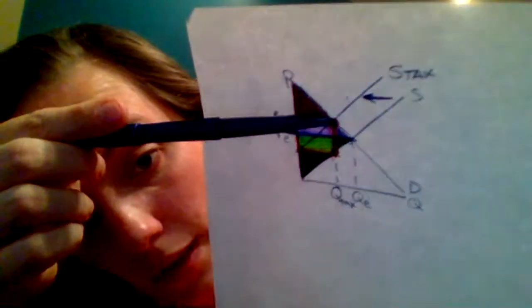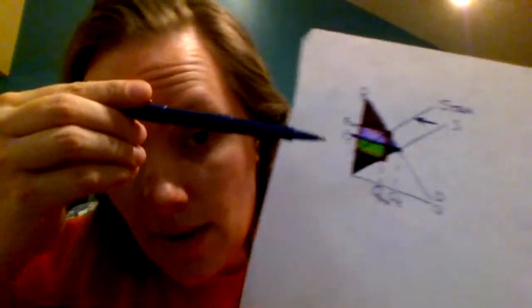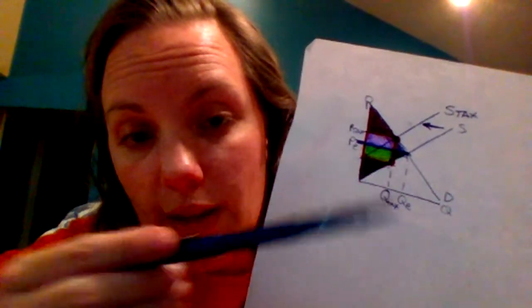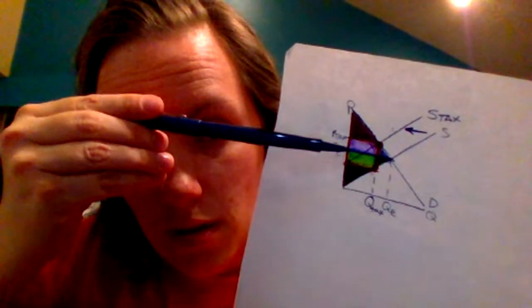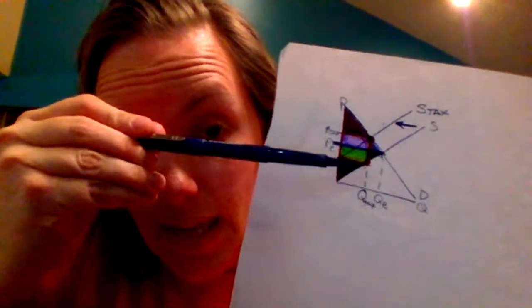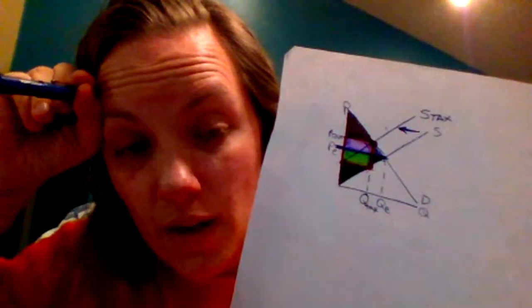So that means that the producer, the person on the bottom right here, is paying a little bit more of this tax than the consumer. Okay? They are bearing more of the burden because their rectangle is larger than theirs. If the rectangles were exactly the same size, then they would be splitting it evenly.